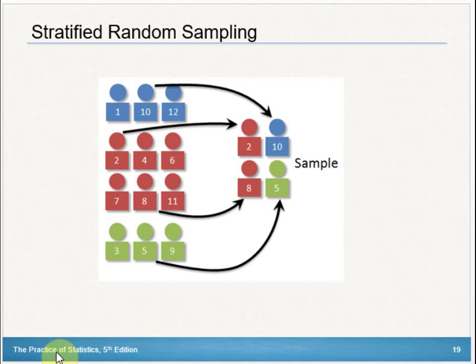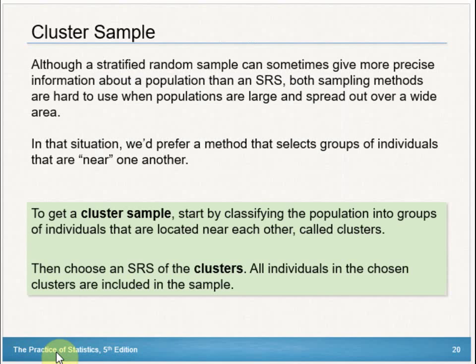All right, the next one is the cluster sample. So cluster sample is a way to sample where you group things again, except this time it's often geographic in nature. You might group people by neighborhood or by community or by workplace or whatever.